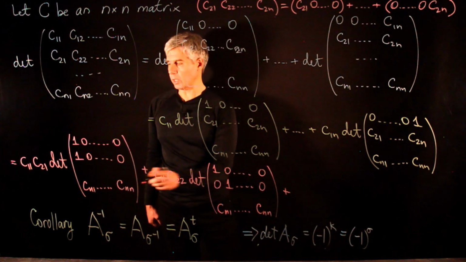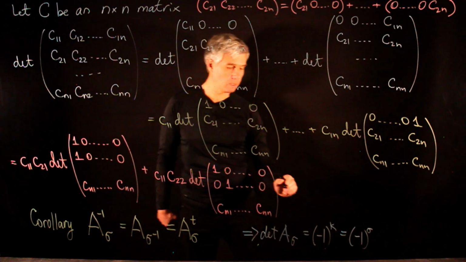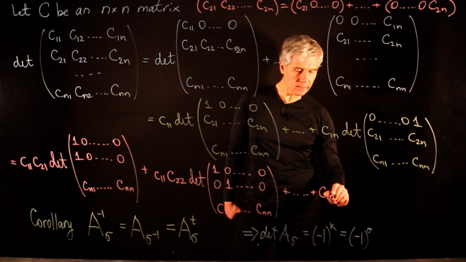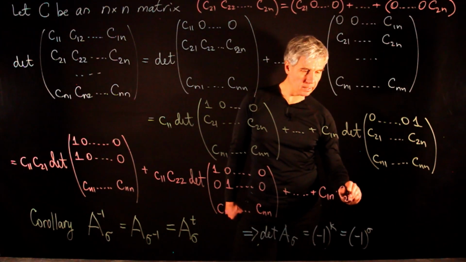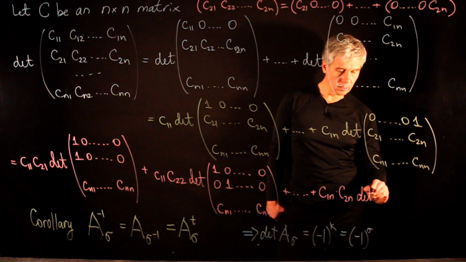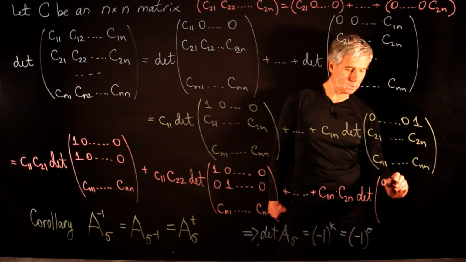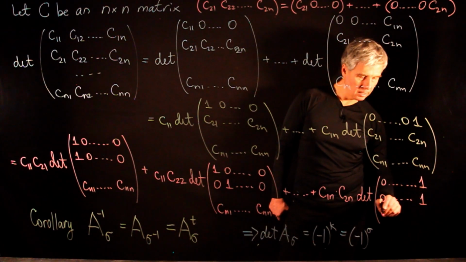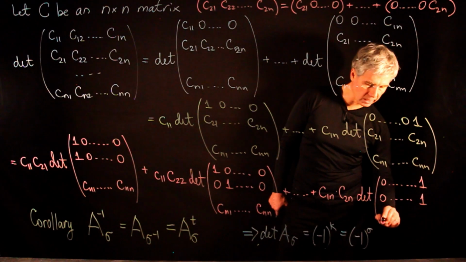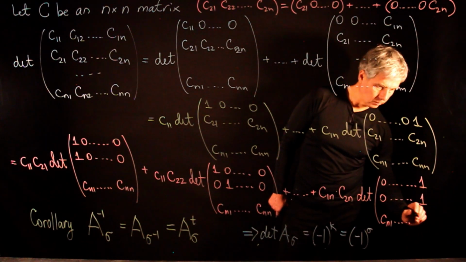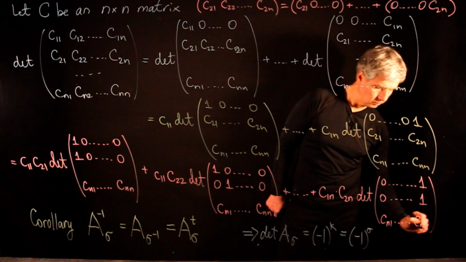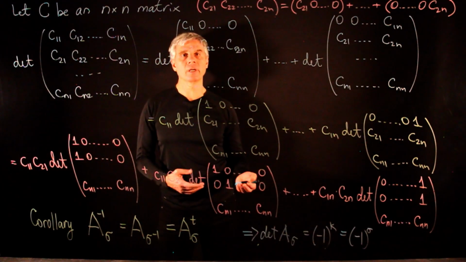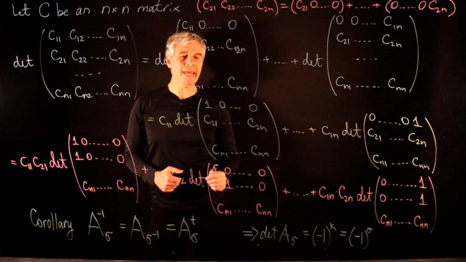And so we're now going to get n squared terms. The last term will be C1n times C2n times the determinant of the matrix 0, 0, 0, 1, 0, 0, 0, 1, and the remaining rows are unchanged. And we can keep going by applying this idea of expansion to each of the n rows.